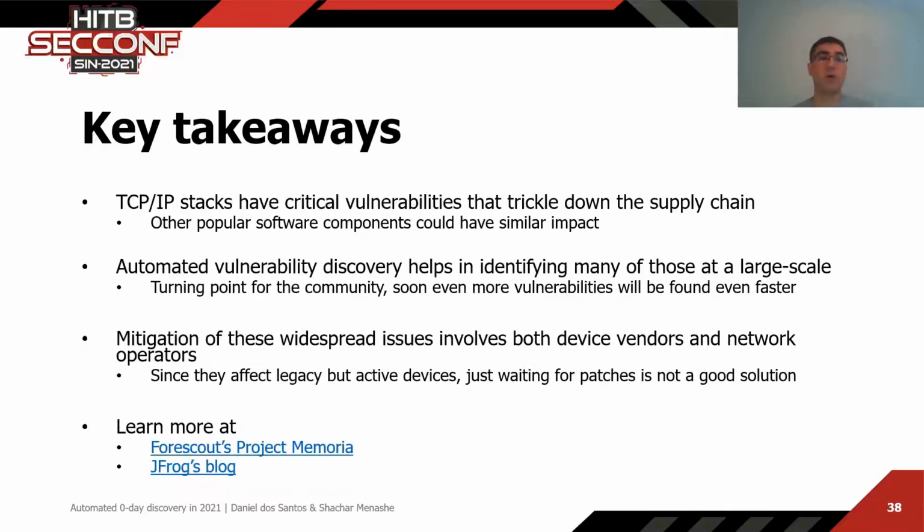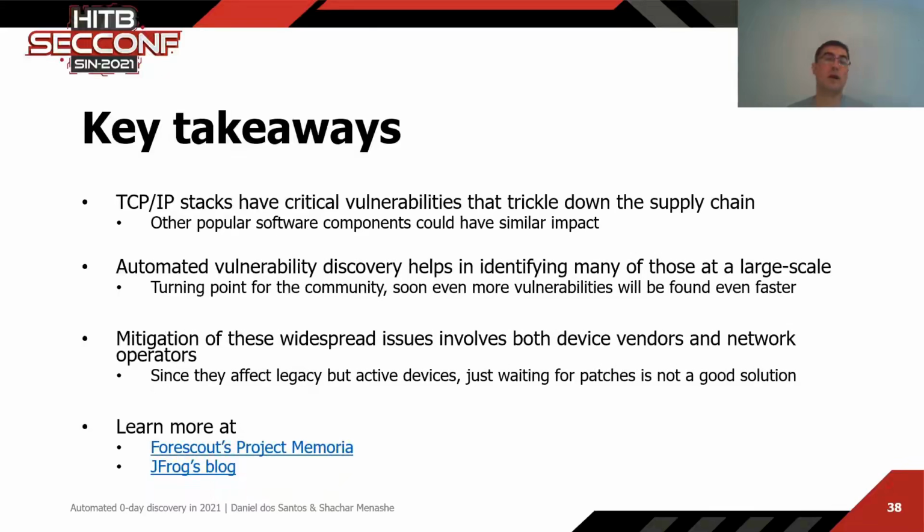So soon there will be even more vulnerabilities found even faster. It goes back to what we were discussing in the previous slide. Really, the pace of vulnerability discovery is only set to increase, and that has several implications for the community, right? Mitigating these widespread issues involves both the device vendors and the network operators. So it's important that device vendors patch these issues, or hopefully find them even before devices are actually being distributed and sold and so on.